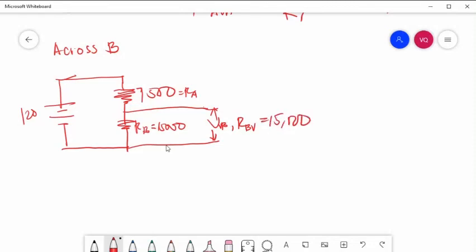So, same procedure as you can see, RB and RVB are in parallel.